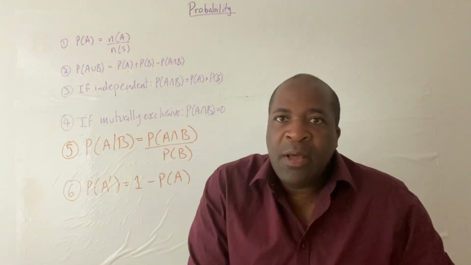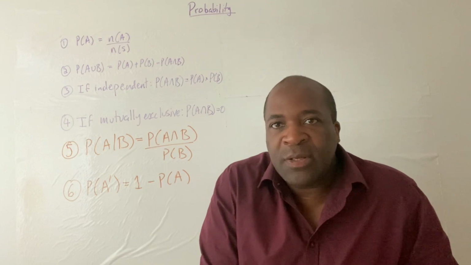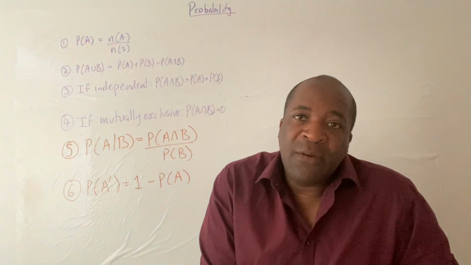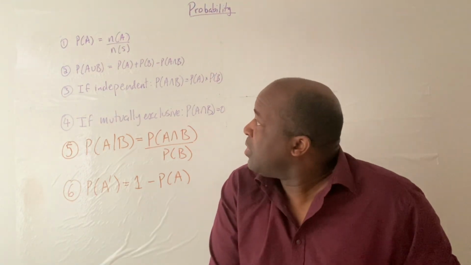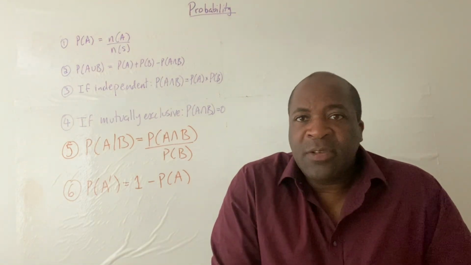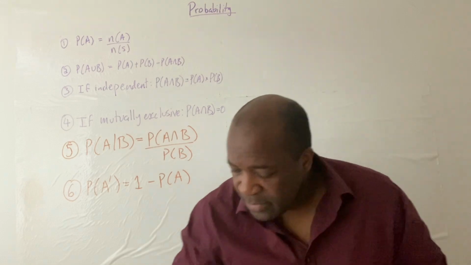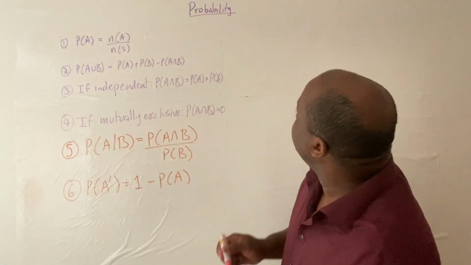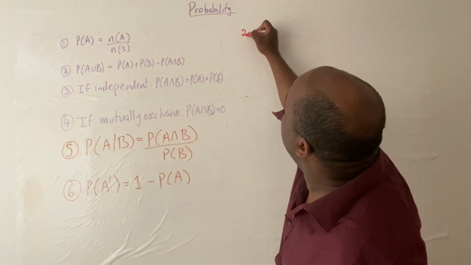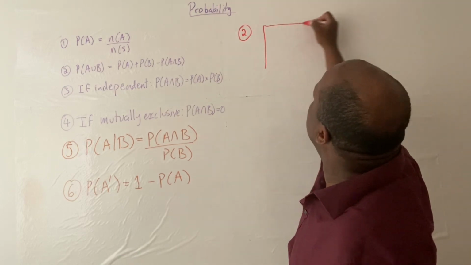The second result is a key result for us: the probability of A union B is equal to the probability of A plus the probability of B minus the probability of A intersect B. Diagrammatically, what number 2 tells us is the following.